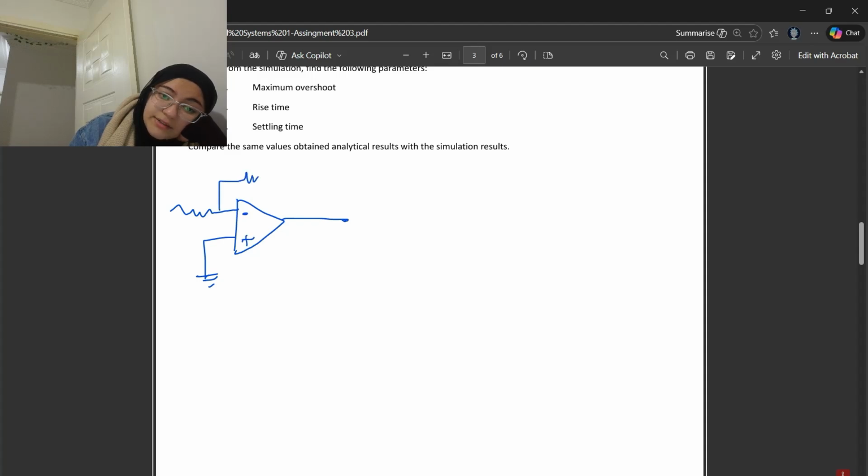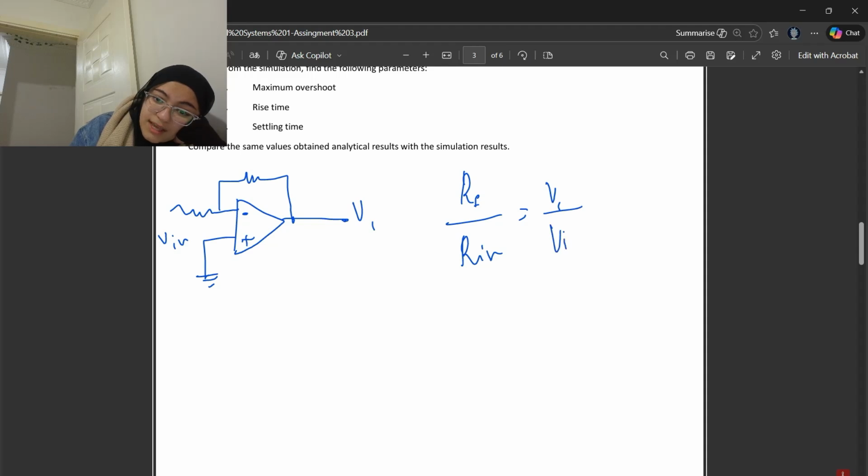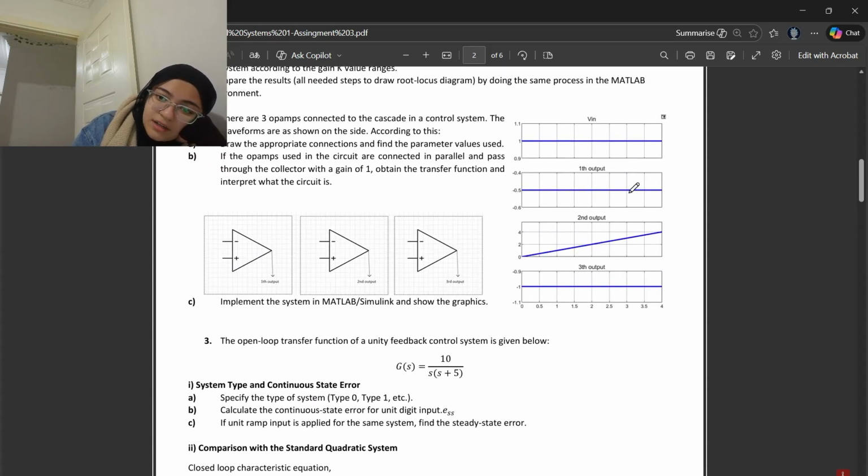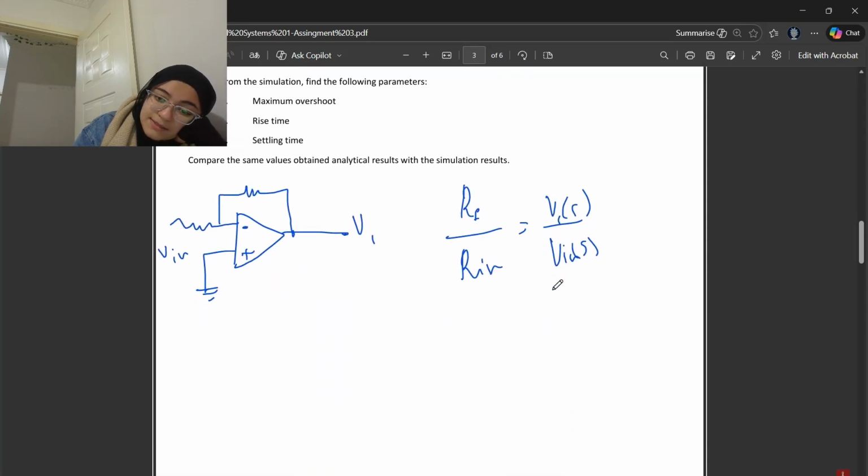Here we have a resistor, and we need to find its value. Here is V1 and here is Vn. The function will be RF over Rn equals the gain, which is V1 over Vn. From the wave here, we know that the V out or V1 equals 0.5 and minus.